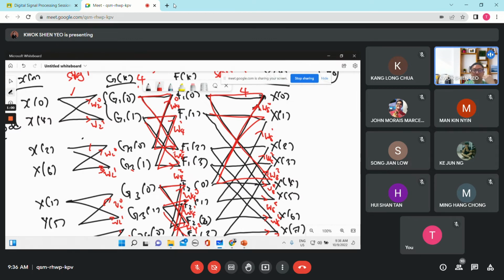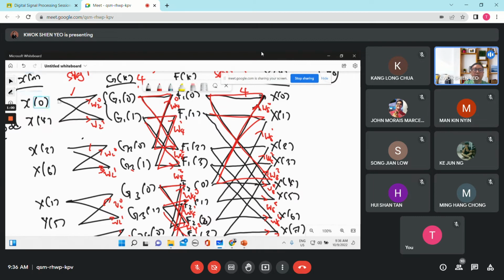So this is the entire process to get the answer from xn to xk by hand, using the FFT decimation in time radix-2 algorithm. So you might think, oh, this is very complex, right?